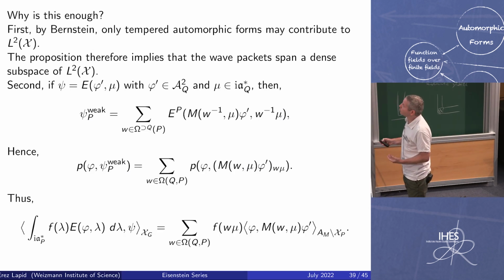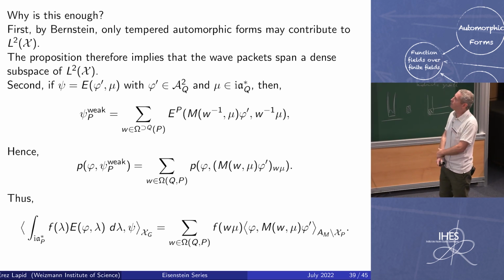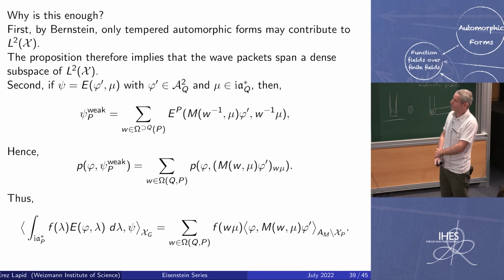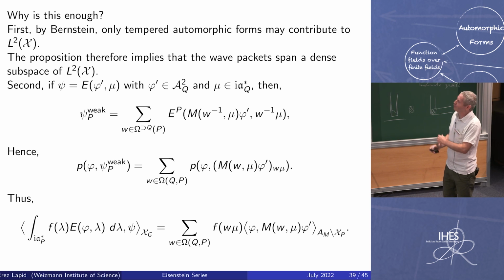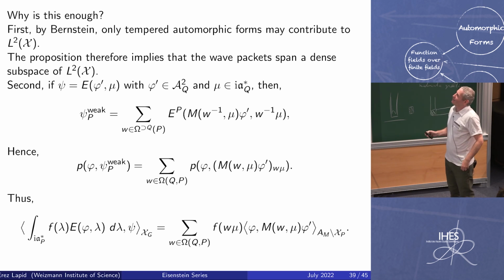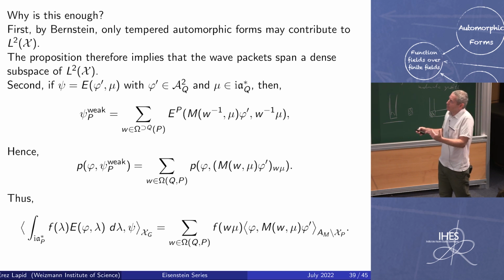Well, because of this theorem of Bernstein from the 80s that only tempered automorphic forms play a role in the spectral decomposition of L2. I will not, of course, prove it here, although it's post-Corvallis, but I cannot do everything. That's not my job. And so that means that in order to describe the L2, it's enough to pair.